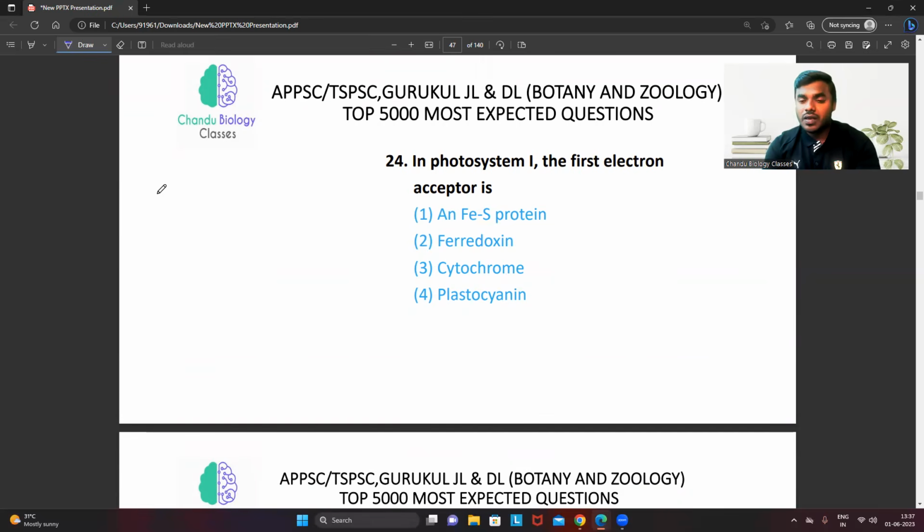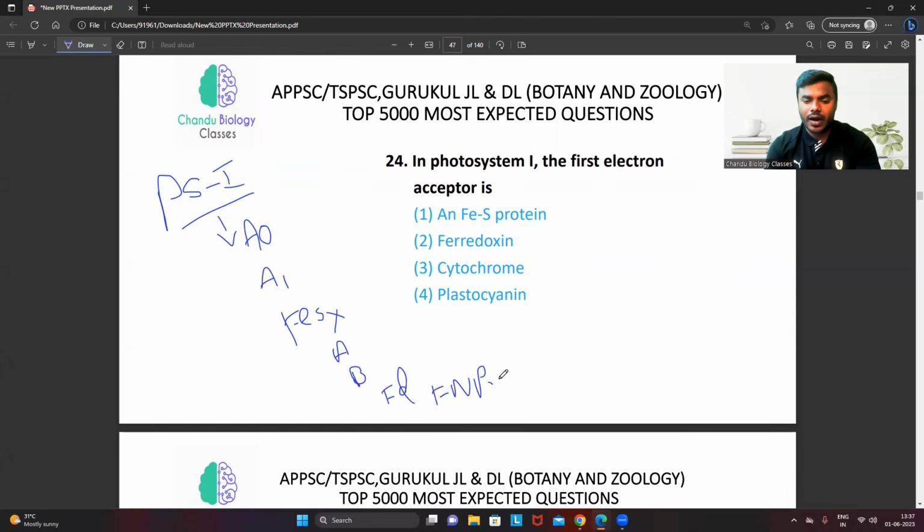In photosystem 1, the first electron acceptor is, here also 90% of the students will give the wrong answer. If every student remembers the morning lesson, from the PS1, who is accepting the first electron? Anyone remember? A0, A1, iron sulfur X, iron sulfur A, iron sulfur B, then ferredoxin, then FNR, then NADP.